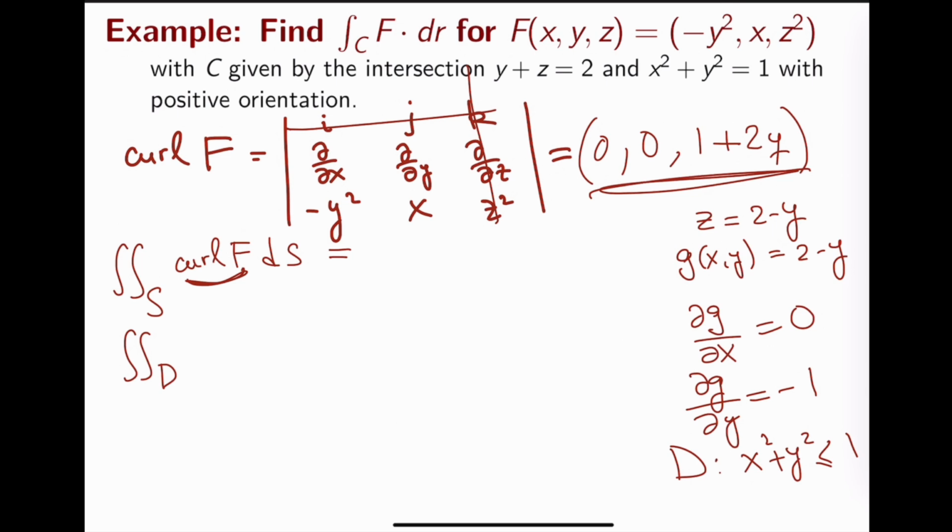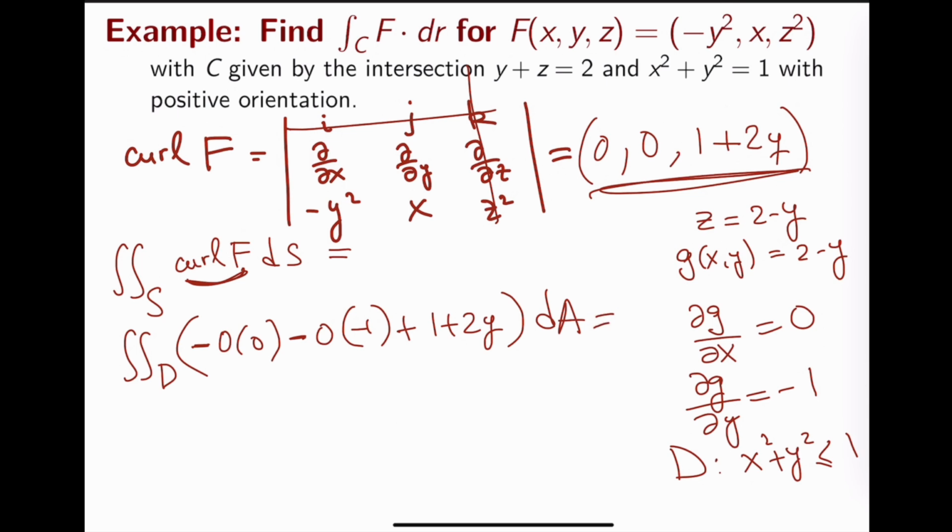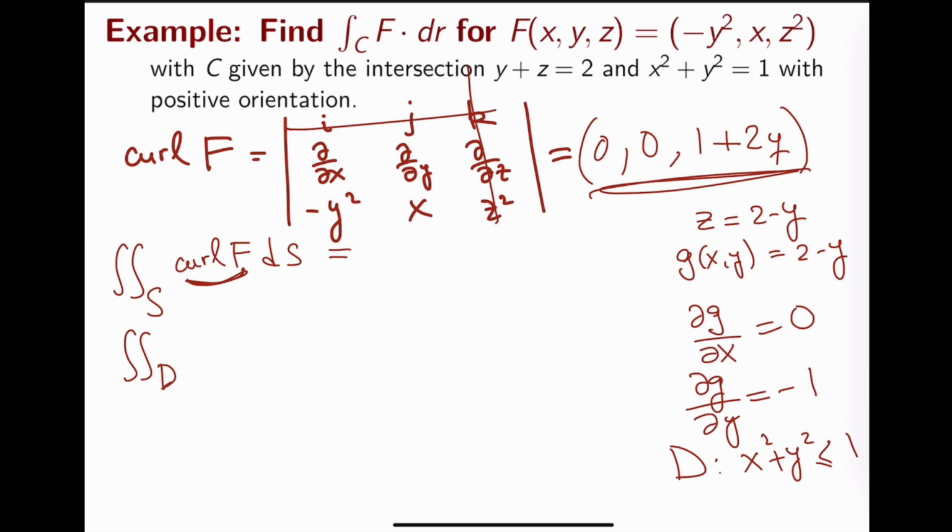So we're going to get minus 0 times 0 in this case, minus 0 times minus 1, and plus the last component here, which is 1 plus 2y. So this is the surface integral that we have to calculate. All this, of course, is 0. So then the integral is just the integral of 1 plus 2y dA.